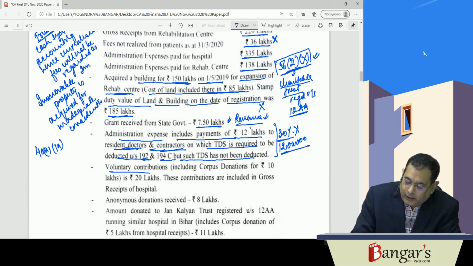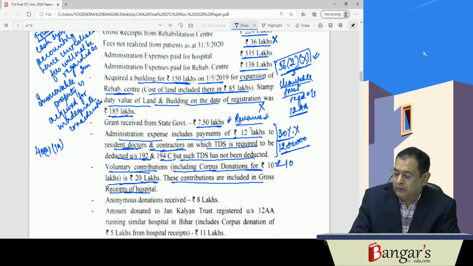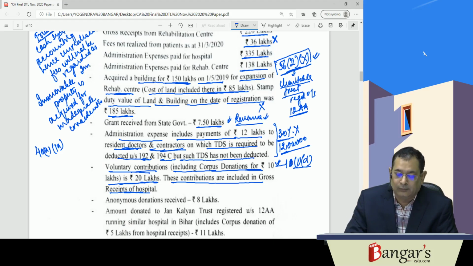Then voluntary contributions including corpus donations, 10 lakhs, is rupees 20 lakhs. Now we are having 10 lakhs voluntary contribution in form of corpus and 10 lakhs other voluntary contributions. And these contributions are included in the gross receipts of hospital. So the corpus contribution of 10 lakh rupees will be exempt under section 11(1)(d). And other voluntary contribution will be regarded as income.